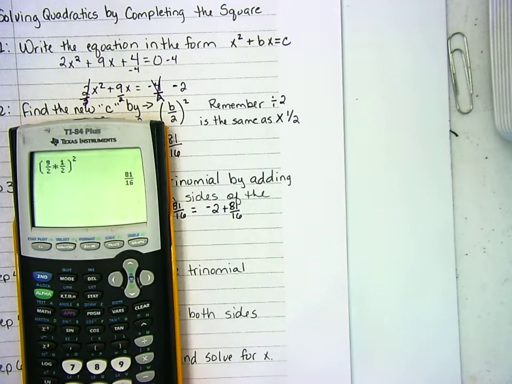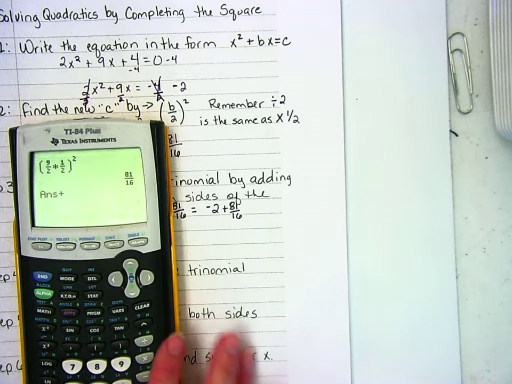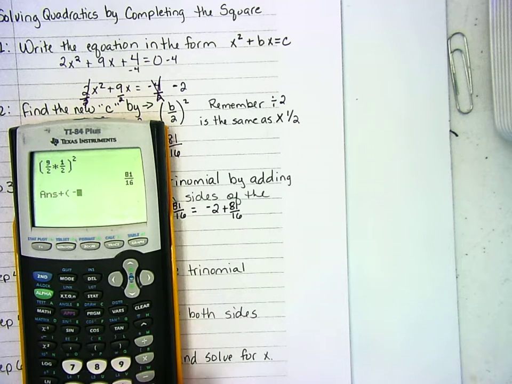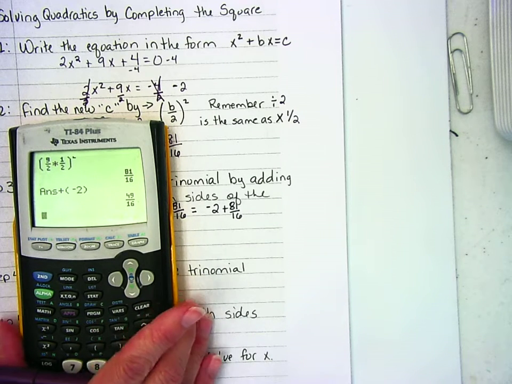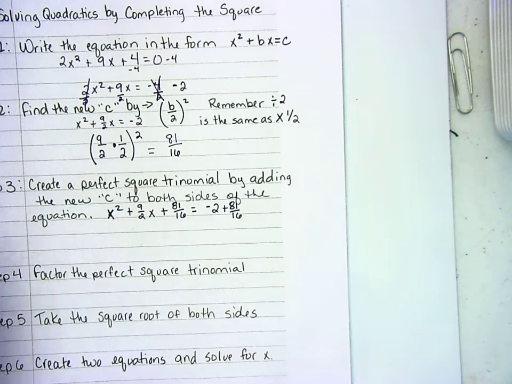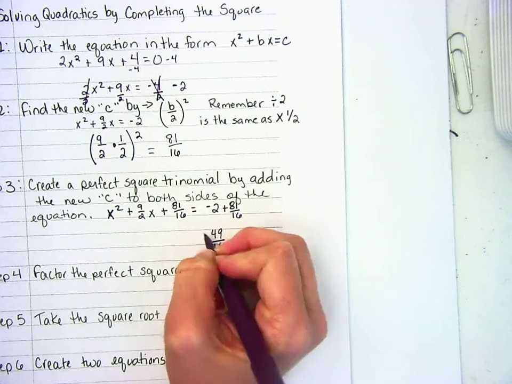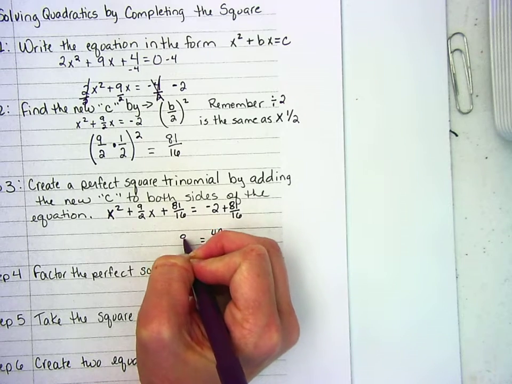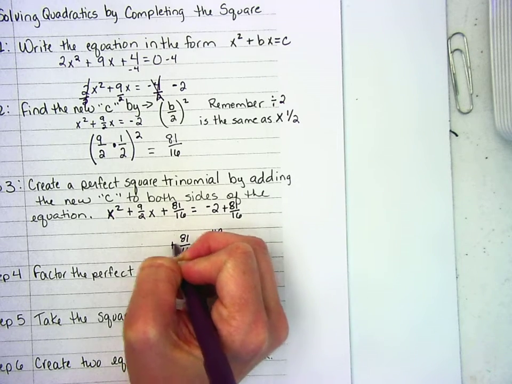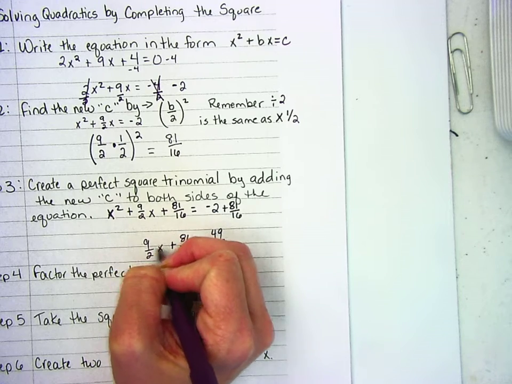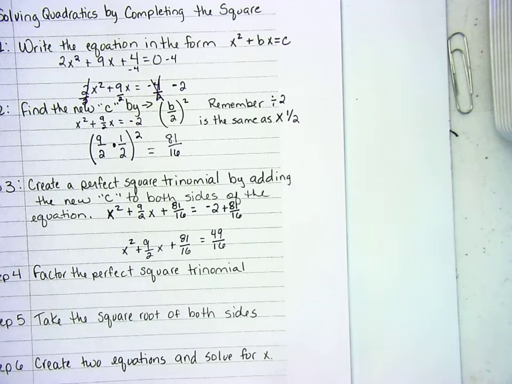So I'm going to take my calculator, take that 81 over 16 and add it with negative 2. And I get 49 over 16. Okay? So here I have 49 over 16. Let me just rewrite everything. Okay? Any questions at this point?